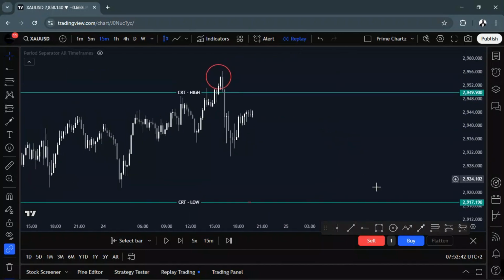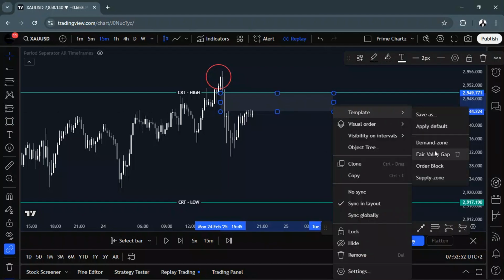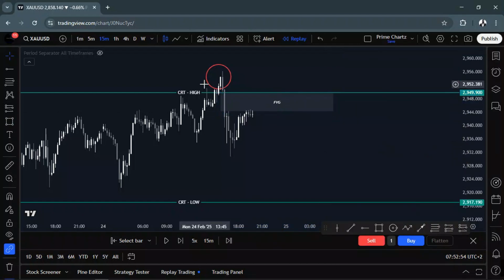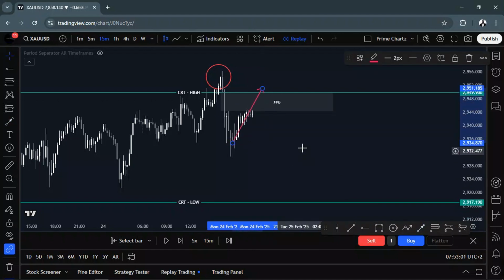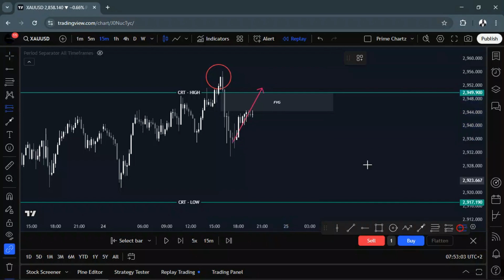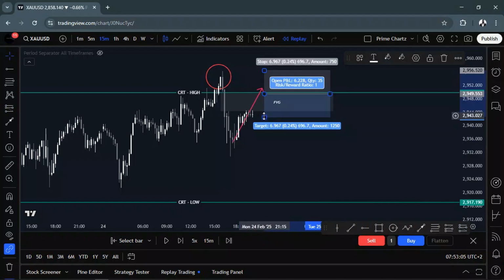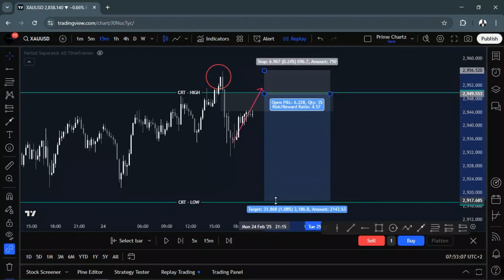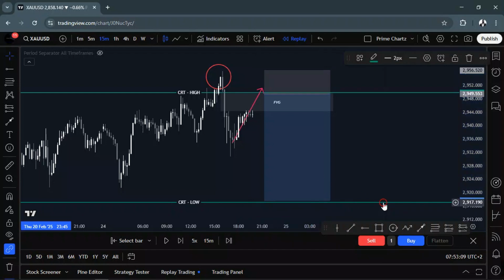So the second thing is to see price moving back into the fair value gap. Right here we have our fair value gap. So we want to see price filling up this fair value gap, and then we are going to look for selling opportunities right here, and this would be our target.